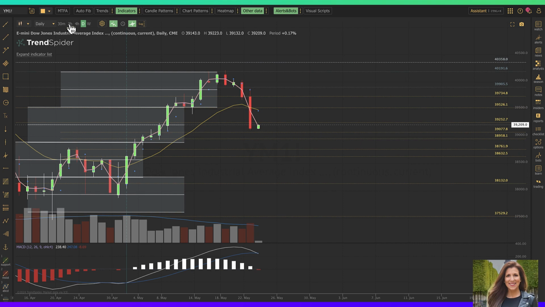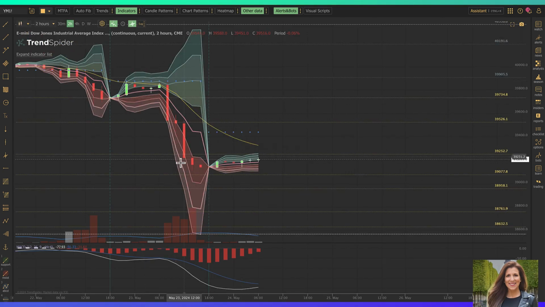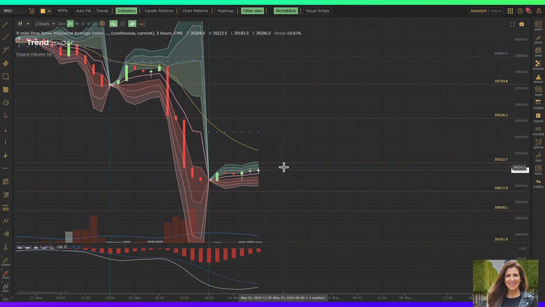Let's take a look. The dips are buys in the grand scheme. So what are we waiting for? We're waiting for a test of 39,330, 39,400, somewhere in this noise, and then a fade that holds the VWAP as frontline support. That's what's happening.